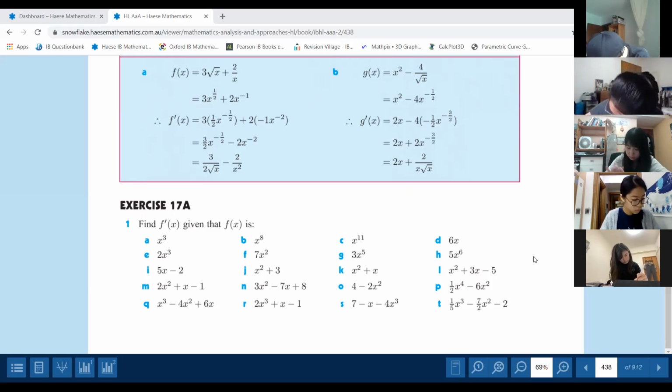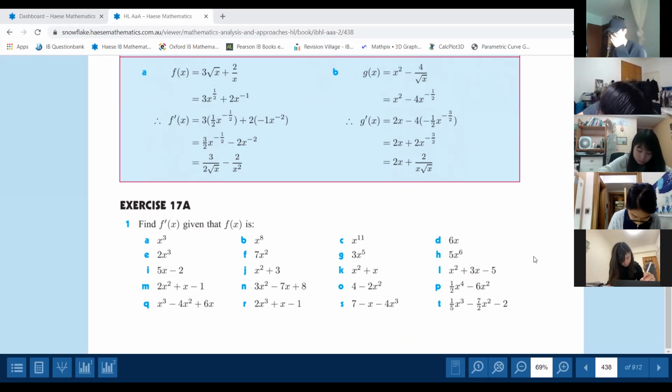Wait, how do you get x root x, Nakita? I'm talking about the last question, J. So you have minus 1 over 2x minus 3 over 2, right? Then that was going to become plus 4x minus 2. So the second part is okay, 4 over x squared. So how do you get the 2x root x?